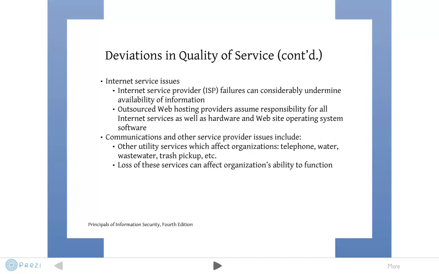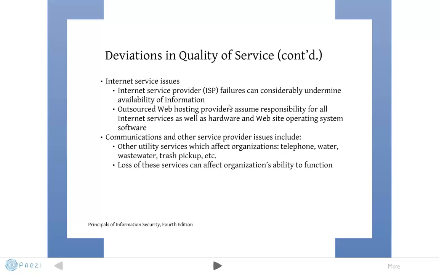All right. So more issues. I like this right here. Communications and other service providers issues include other utility services which affect organizations' telephone, water, wastewater, trash pickup. When the electrical grid went down, right, you could clearly see how there's a connection between services and security.